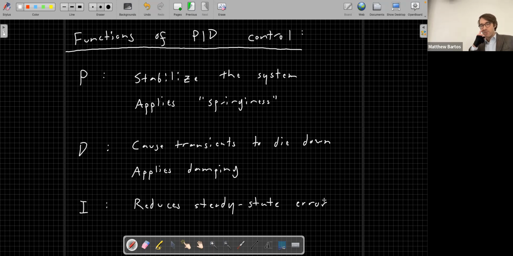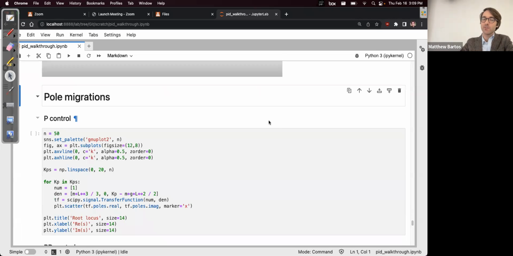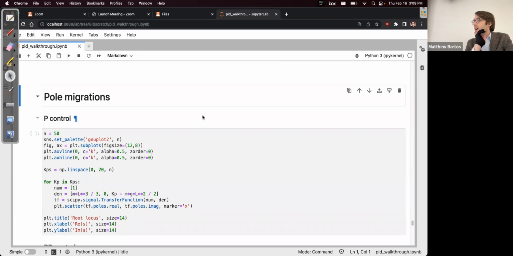Okay, very good. One thing I want to note: when you're applying PID control, especially for the integral component, you have to be careful not to destabilize the system. Integrating that error over time can lead to destabilization.